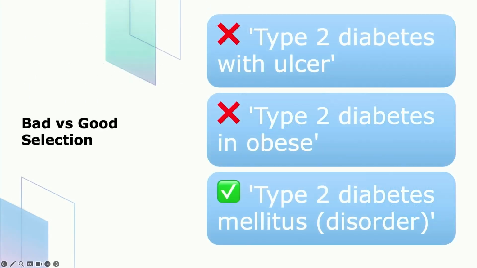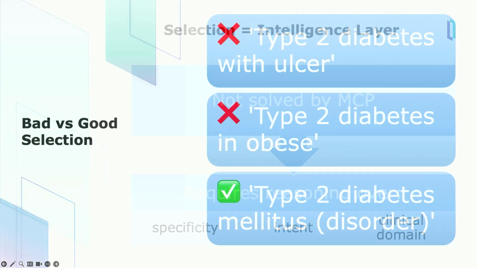Here's the practical consequence of code choice. If the agent chooses a concept that's too narrow, it may miss relevant patients. If it chooses a concept that's too broad, it may pull in the wrong cohort. So terminology selection is essentially a precision versus recall trade-off, but in a clinical context where the stakes are higher.